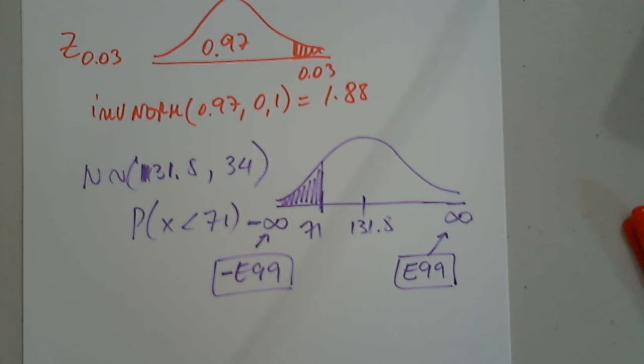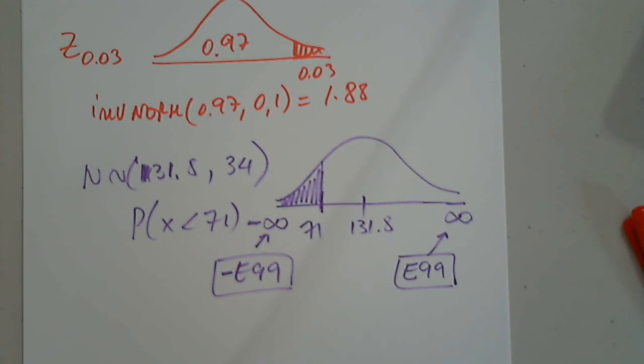E is right here. Second, distributions, and normal CDF, cumulative density function. You can enter it as negative E99. That's good enough. And the upper is 71. So the area is between negative infinity and 71 with a mean of, what was the mean? 131.8.